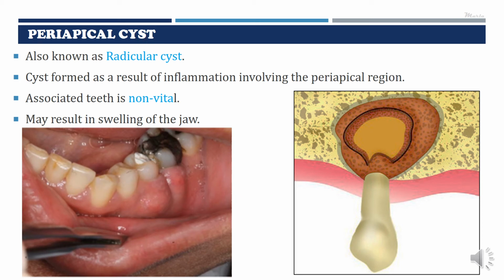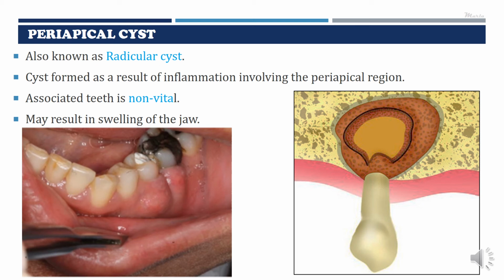Before we discuss further, we need to know that a cyst is a pathological cavity which may or may not be lined by epithelium, and the cavity contains fluid, semi-fluid or gaseous content and not pus. We will be discussing the topic cyst later when we discuss odontogenic cysts. For the time being, we will discuss in brief the periapical cyst, which is also known as the radicular cyst.